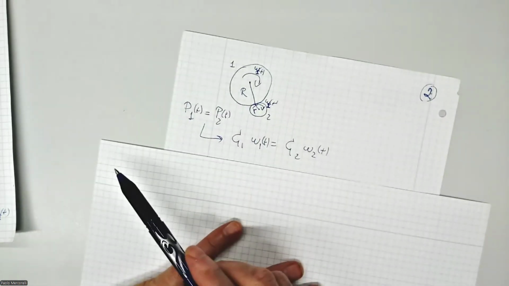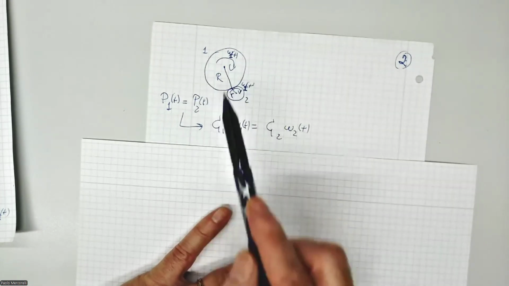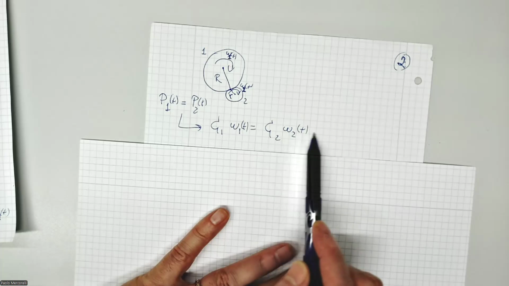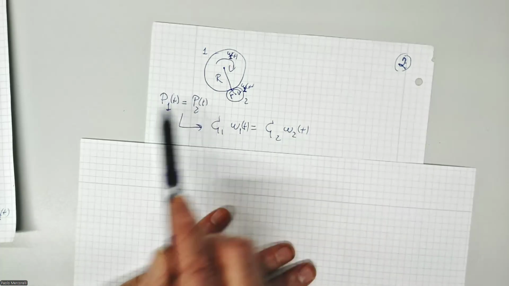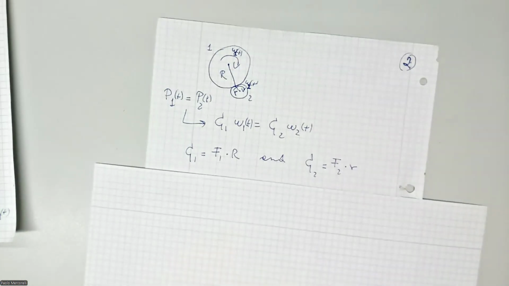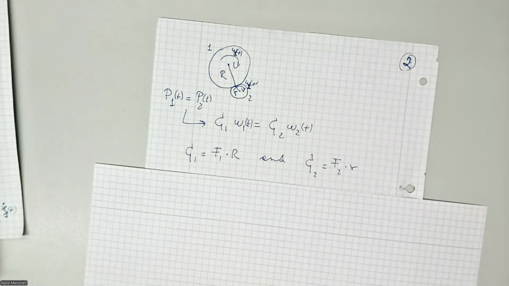This means torque on the first wheel multiplied by omega 1 equals torque on the second wheel multiplied by omega 2. Exactly this, the power. Assuming that we don't lose power in the connection. Now I remember probably why the model in the slide of this ratio is the spring.